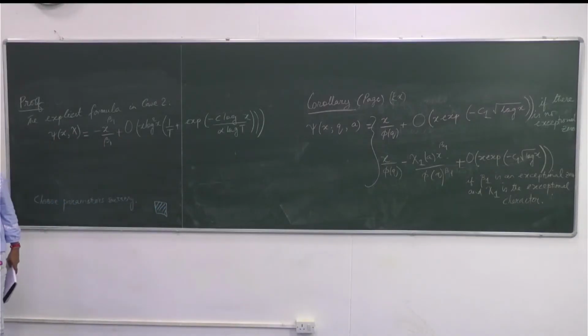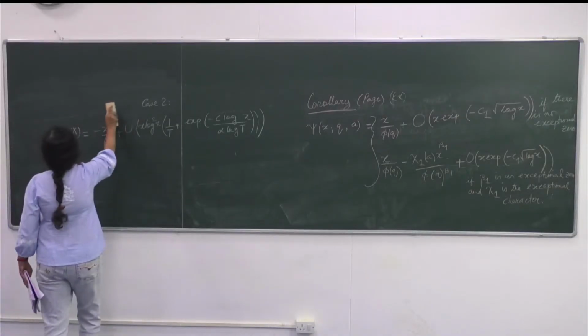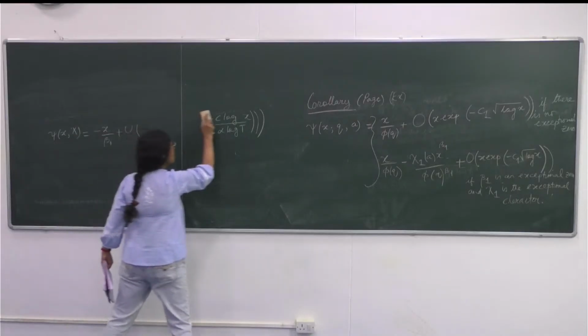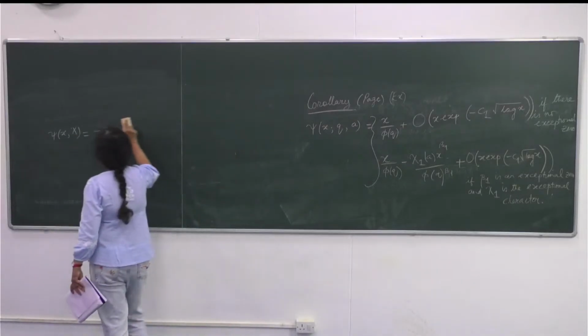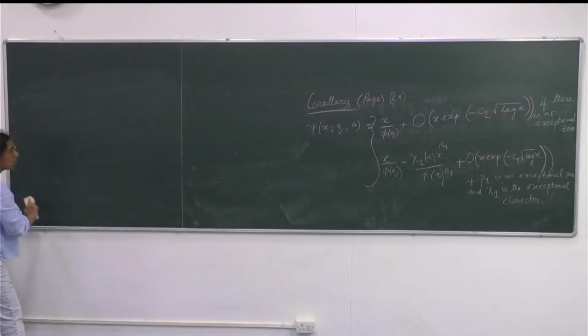That maybe answers your question about why we cannot allow all Q. The second main term becomes larger if x is less than something in terms of C1. You remember this, the C1 that we got from the error of the zero-free region.